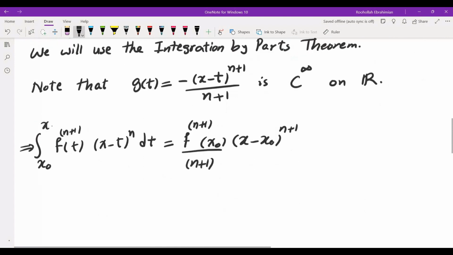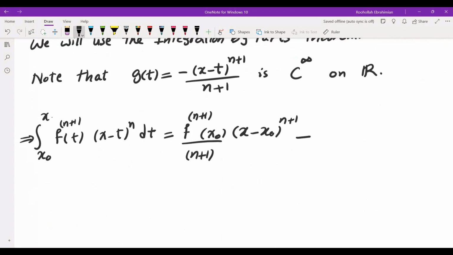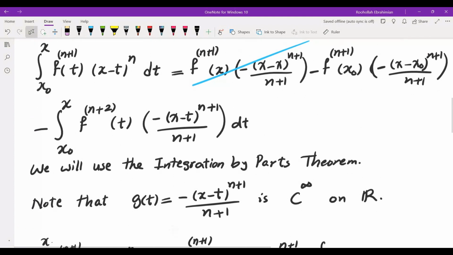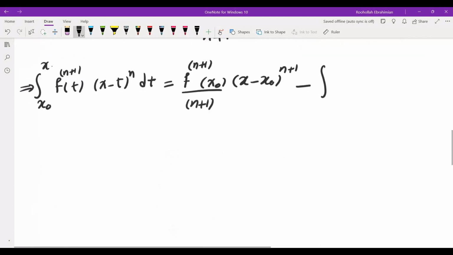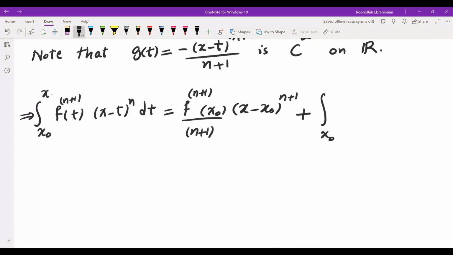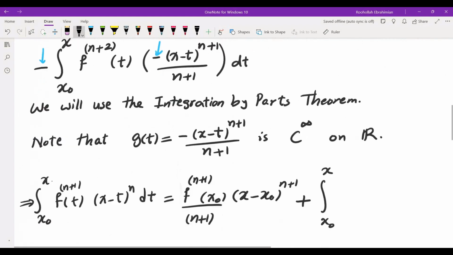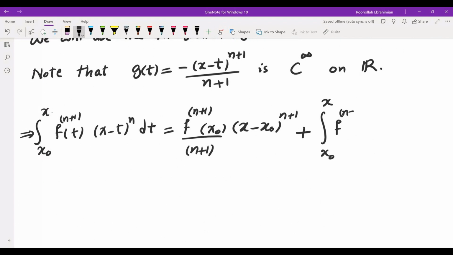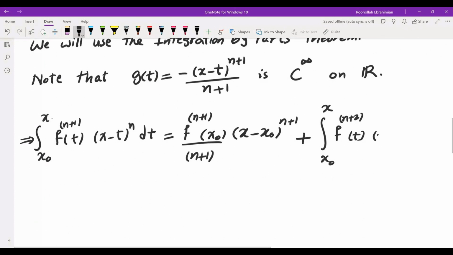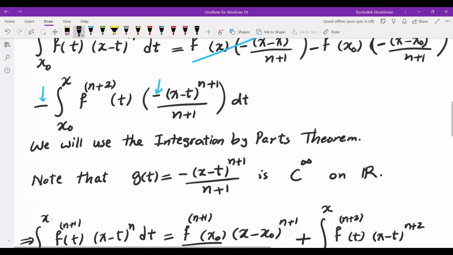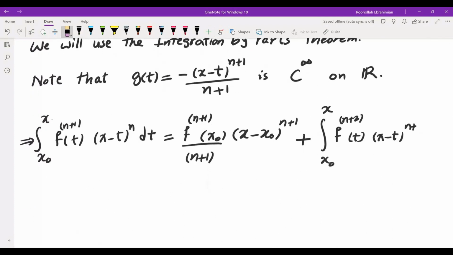And then there's a minus sign here and also a minus sign here, so those become a plus sign: plus the integral from x0 to x of f^(n+2) of t times (x minus t) to the power of n plus 1, divided by n plus 1, dt.